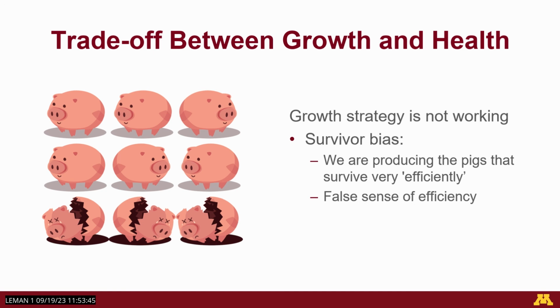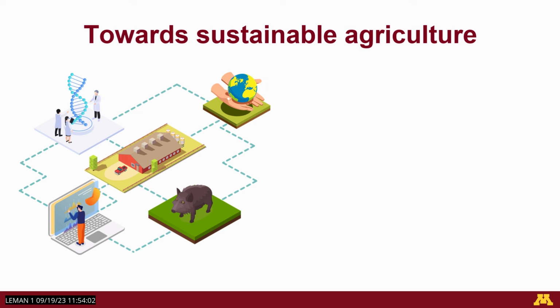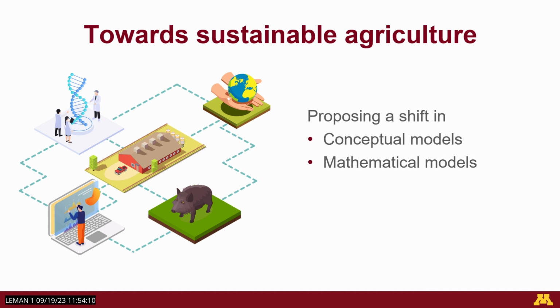That gives us a false sense of efficiency, because we're not considering how to extrapolate data in time between levels, or the different assumptions we are making. The research we were doing here with Dr. Pedro Urriola proposes a shift in these conceptual models, these mathematical models, and these assumptions. With the same data, the same equipment, and the same animals, we can analyze and view everything differently.